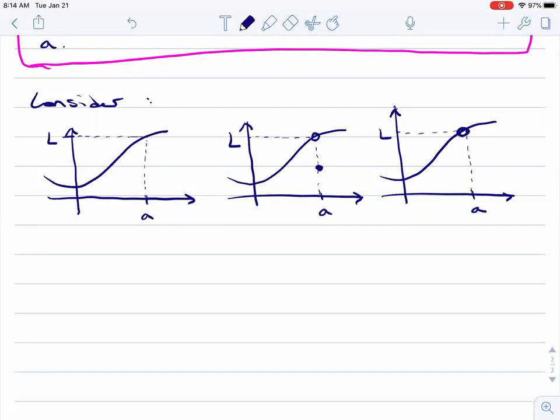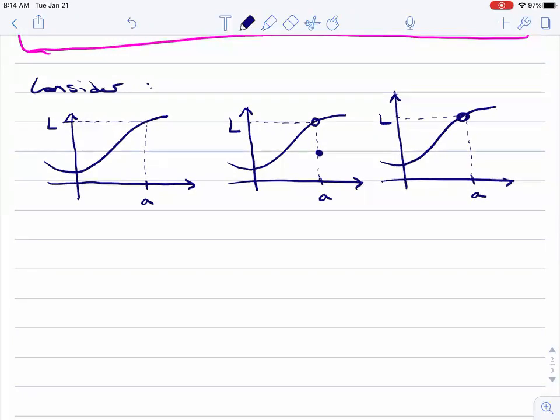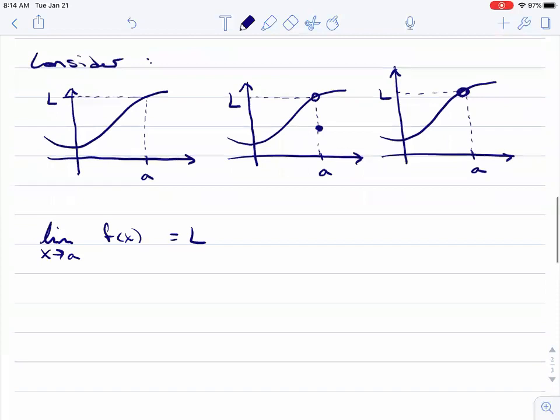But the limit here is still going to be L. And so the limit as x approaches a of f(x) equals L in all 3 cases above.